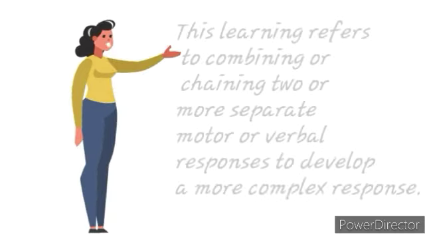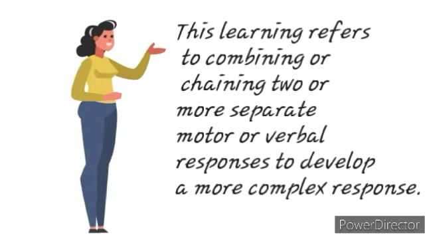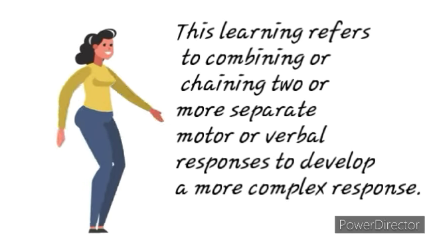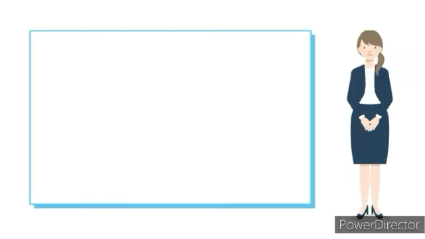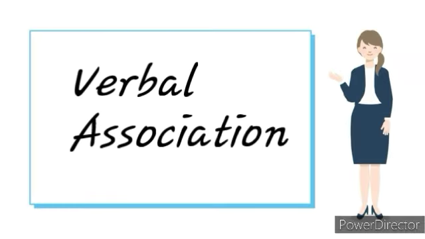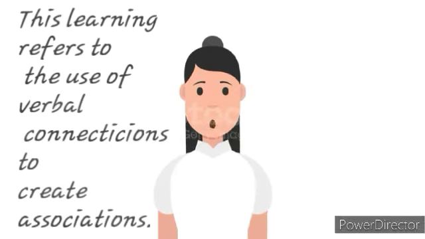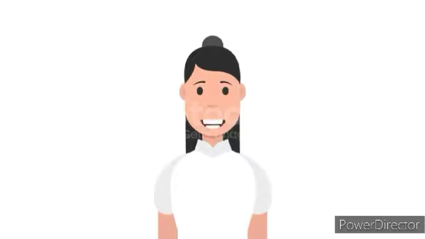This learning refers to combining or chaining two or more separate motor or verbal responses to develop a more complex response. Fourth, verbal association. This learning refers to the use of verbal connections to create association.